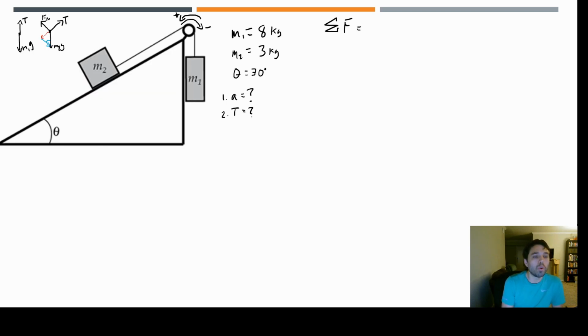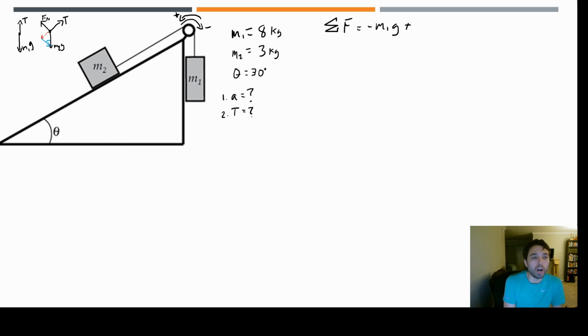All right, so as before, the only forces that are causing our system to accelerate are the weight forces. So it's going to be M1G. Actually, no, it should be negative, right? So let's do negative M1G plus M2G. But it's not M2G, is it?